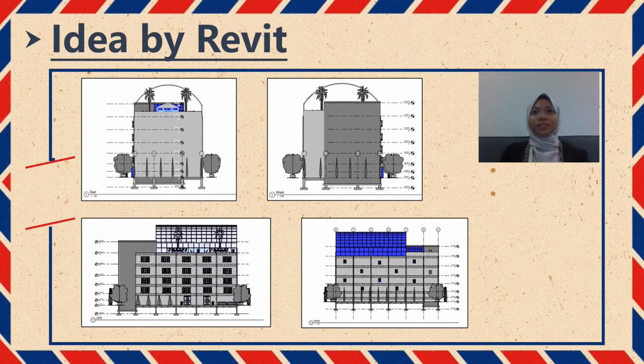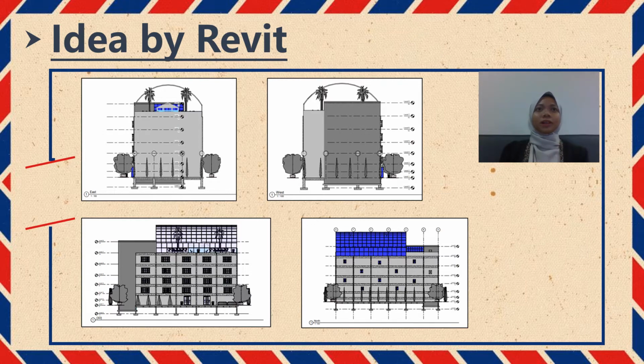So as you can see here, there are four figures showing the elevation from the east side, west side, south and north. So this is how it looks. Our concept of commercial building is a greenhouse rooftop.